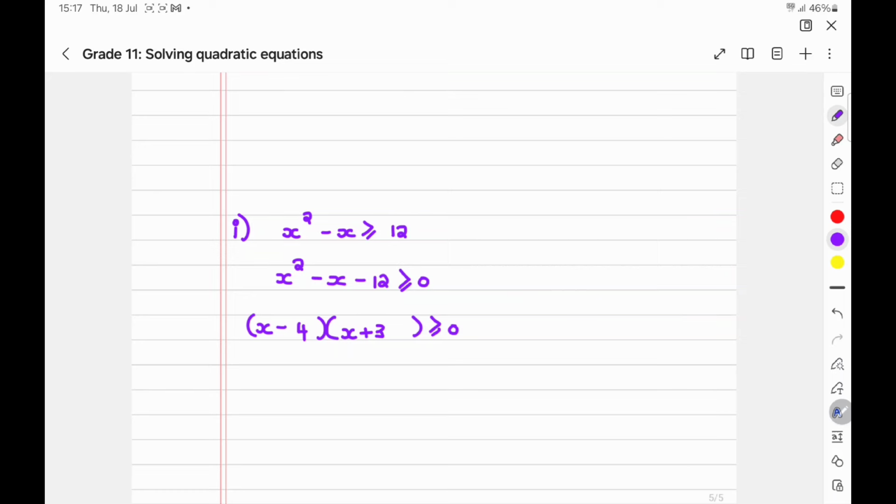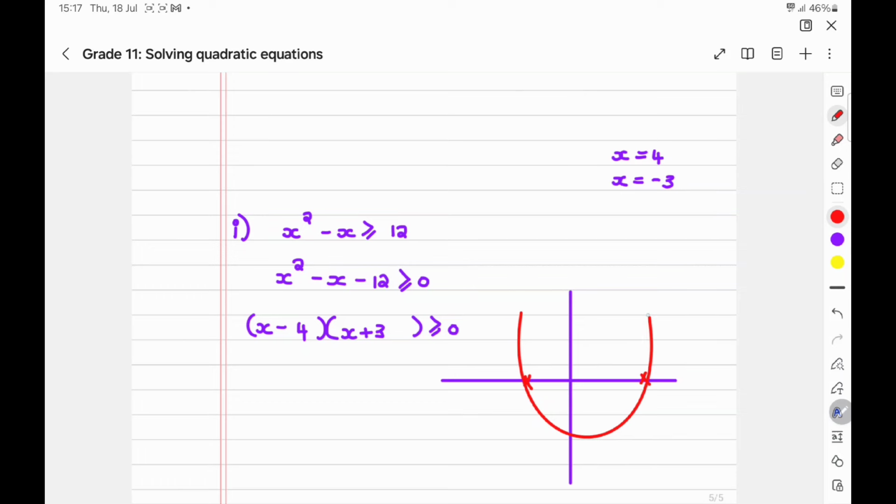Hey, minus 4 plus 3 does give you -1. So somewhere far away, you can go solve it now. Pretend that this was an equation, and x is either 4 or x is -3. There we go. Then we're going to draw a rough little sketch, and where x is 4, and x is -3, somewhere like that.